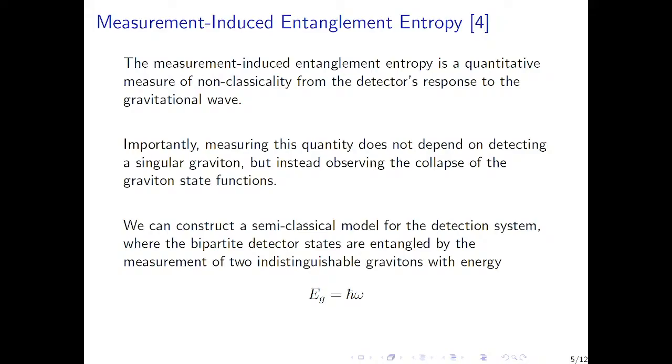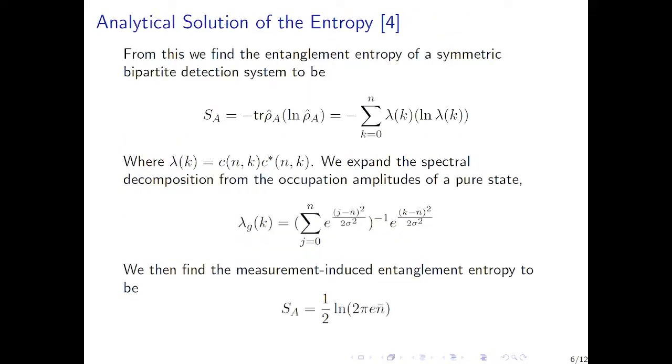Importantly, measuring this does not actually depend on detecting a singular graviton, but instead observing the collapse of the graviton state function. If we construct a semi-classical model, that being the classical detectors but the quantum mechanical response, we can develop a bipartite detector state and assume that they are going to be entangled by the measurement of two indistinguishable gravitons with energy h bar omega.